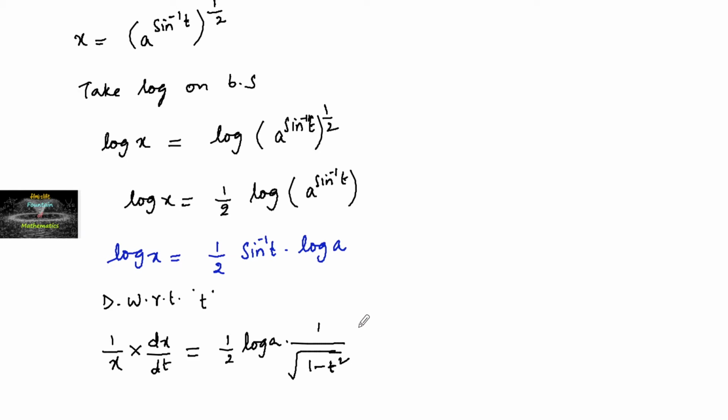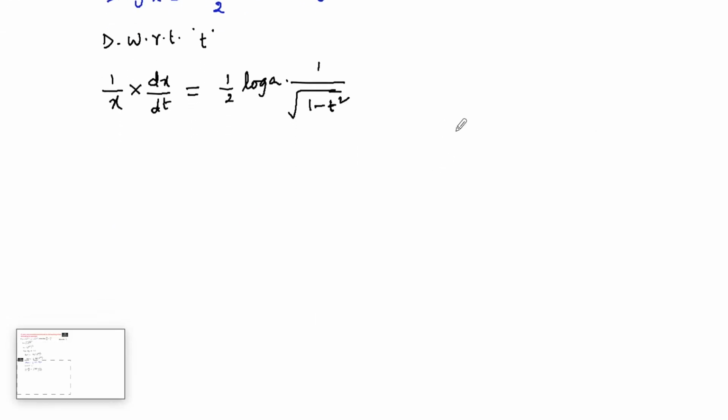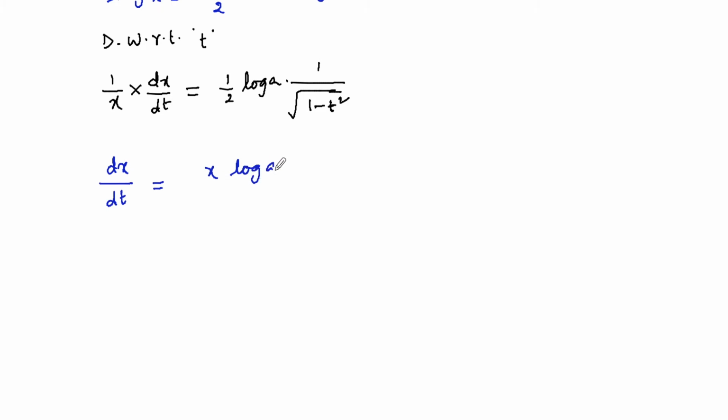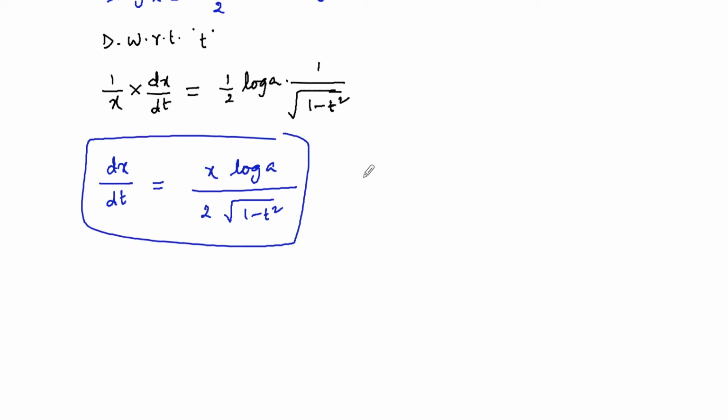Differentiation of sine inverse x is 1 by root over 1 minus x square. So differentiation of sine inverse t is 1 upon root over 1 minus t square. So we can further write it as dx by dt is equal to x times log a upon 2 times root over 1 minus t square. So this is your dx by dt.